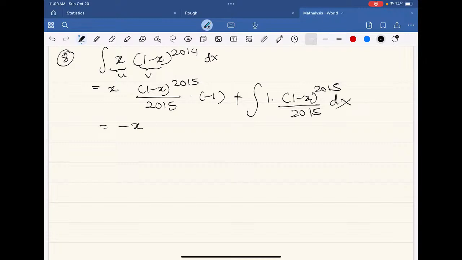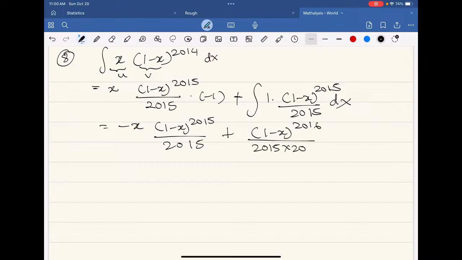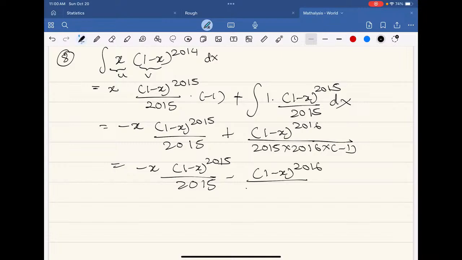This is minus x times 1 minus x to the power 2015 divided by 2015 plus 1 minus x to the power 2016 divided by 2015 into 2016, and also a coefficient of minus 1 because x has coefficient of minus 1. Now this one is minus x times 1 minus x to the power 2015 by 2015 minus 1 minus x to the power 2016 by 2015 into 2016, and that should be our answer.